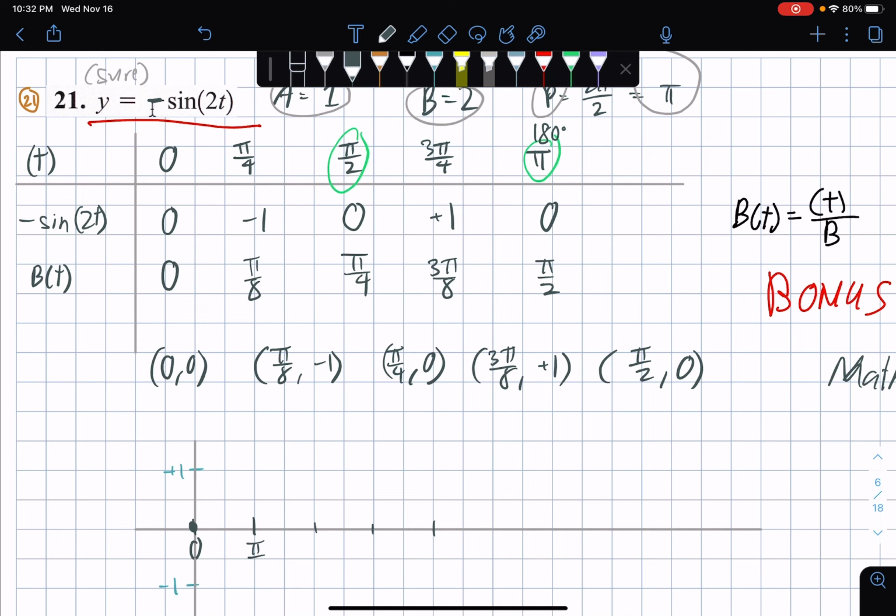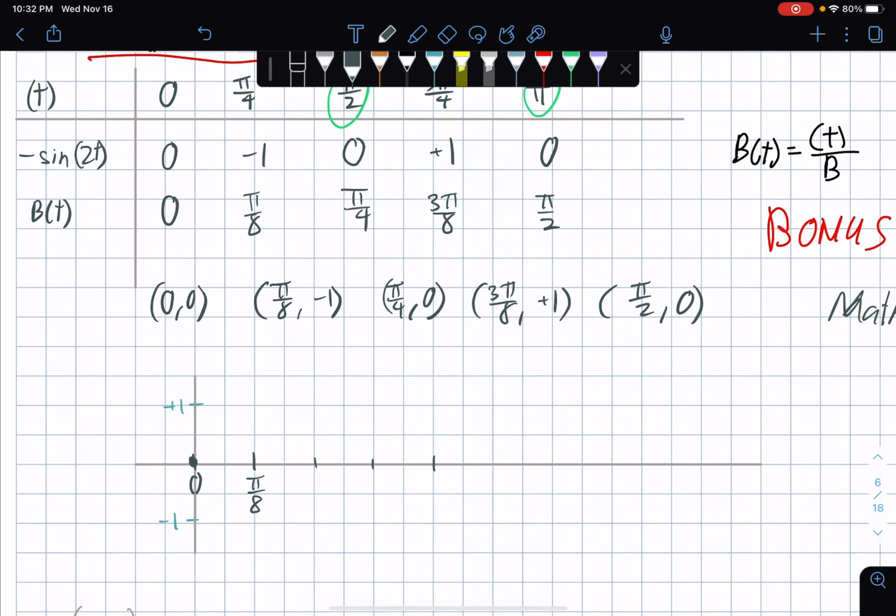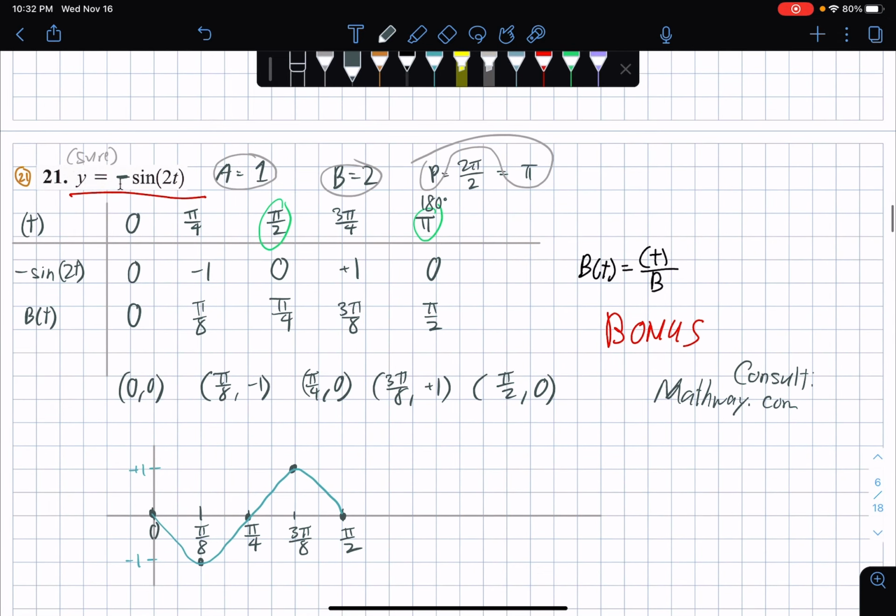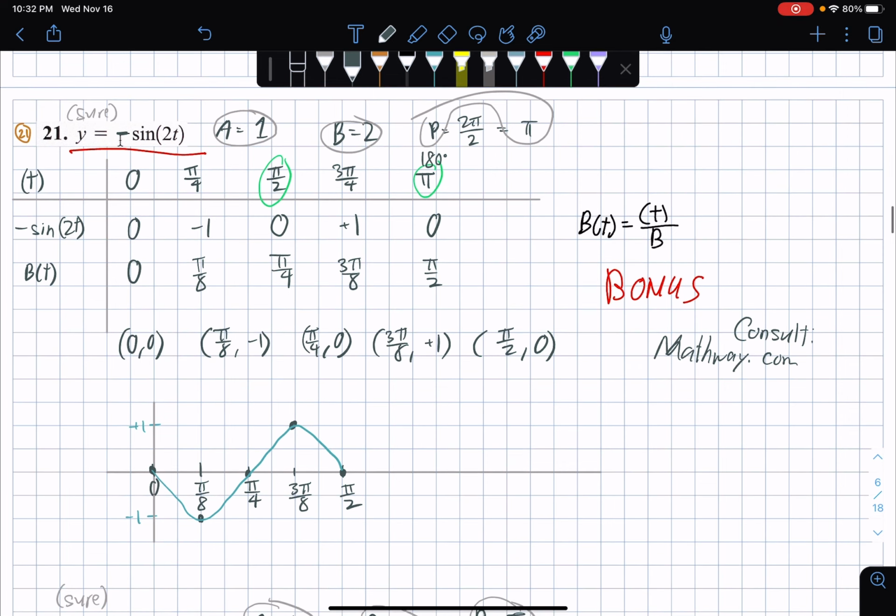They're going to be the bt values. There you go. So negative pi over 8 and negative 1, pi over 4 is 0, positive 1, 0. Now let's graph it. That's number 21.